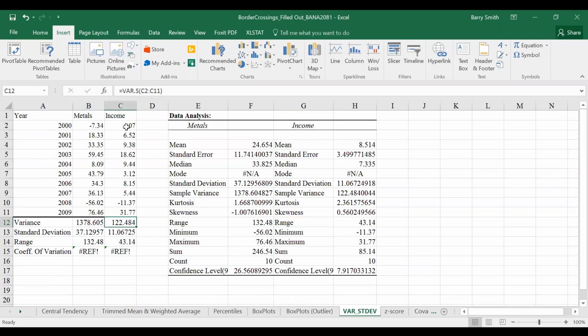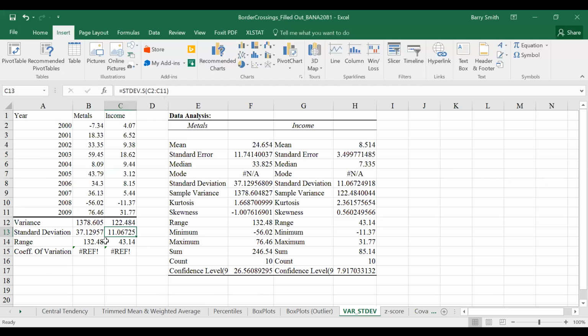And similarly, we can use the var.s for the income, and we just use the data in the C column to get that variance. Now with standard deviation, we can just take the square root of the variance and we can get the standard deviations, or we can use the function standard deviation.s and use the original set of data, and that will give us the standard deviation of the metals or the income.